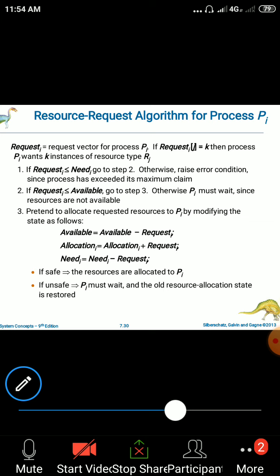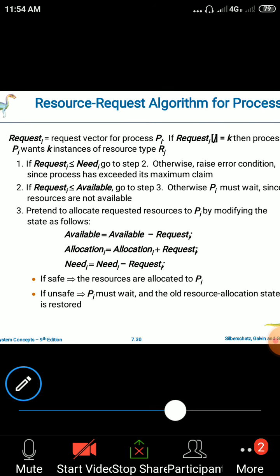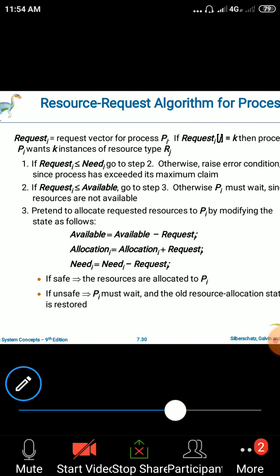So we have one variable called the request. That is also a vector for process Pi. Request[i] is the request vector for process Pi. If Request[i][j] is equal to k, then process Pi wants k instances of resource type Rj.